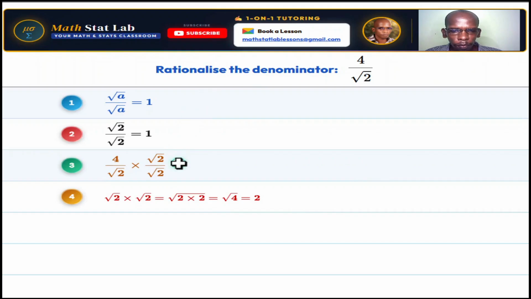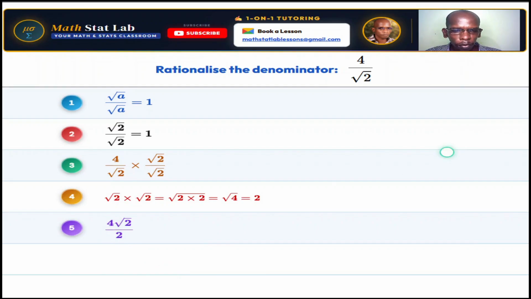But we already had the numerator, which is 4 multiplied by the root of 2. So now it becomes 4 root 2 divided by this 2, after simplifying the denominator. I know 4 divided by 2 is 2, so these cancel, and here we remain with 2.